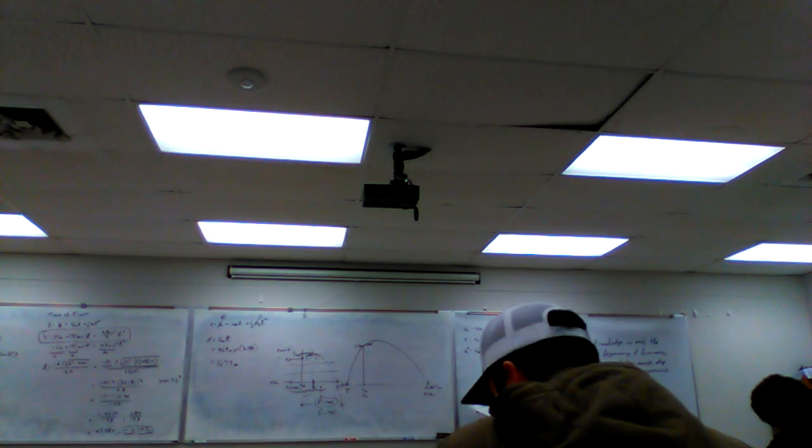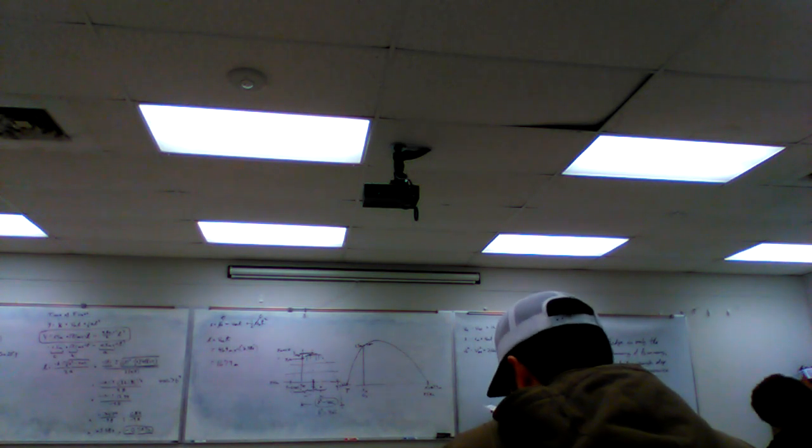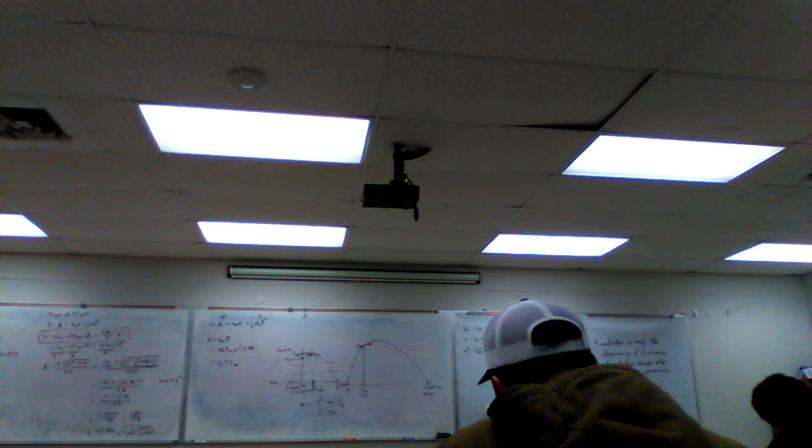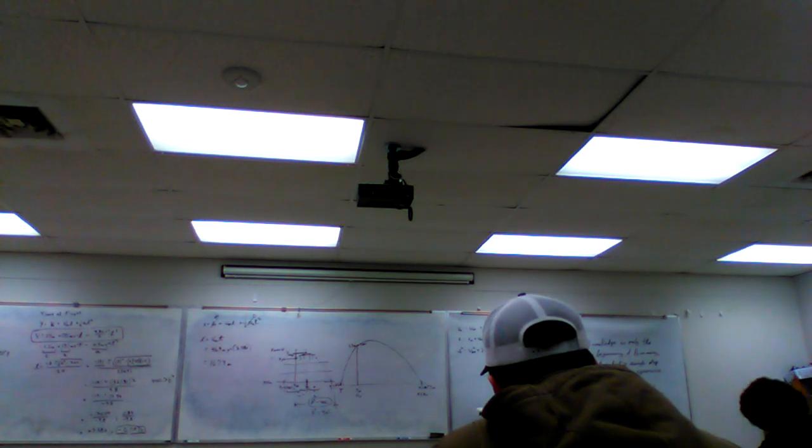And vy squared is equal to vy sub naught squared minus g times y minus y sub naught.